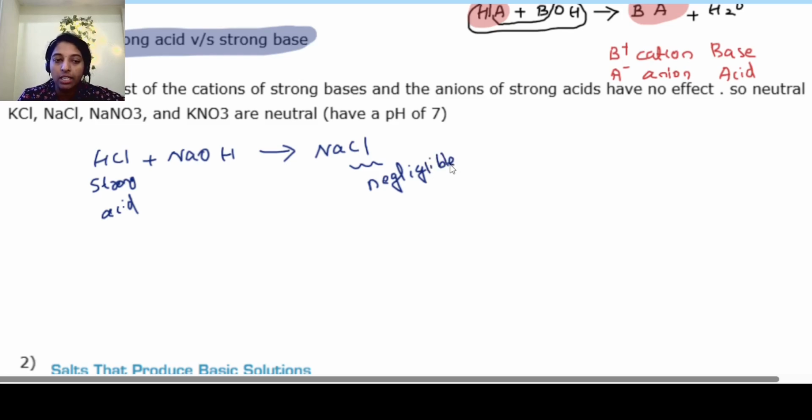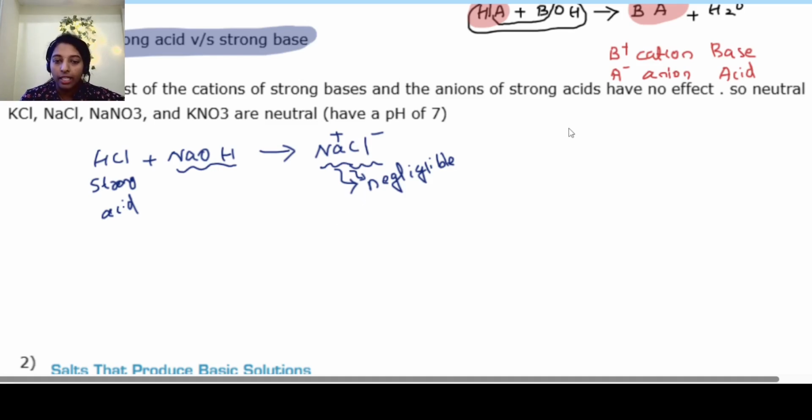Only a weak acid can provide a weak conjugate base, or a weak base can provide a weak conjugate acid. Since Cl- comes from HCl, Cl- is negligible. Similarly, Na+ comes from NaOH, a strong base, so Na+ is also negligible. Both of them are negligible. That's why we say it's neutral. They are not contributing to the pH.